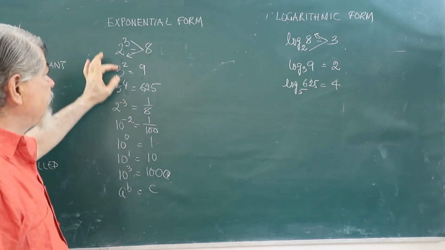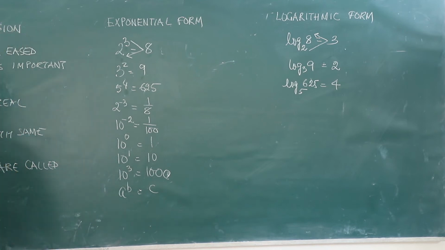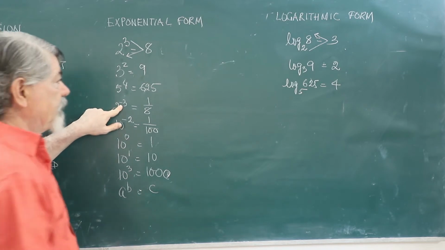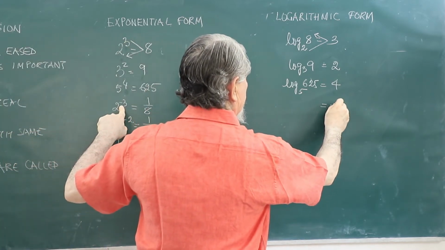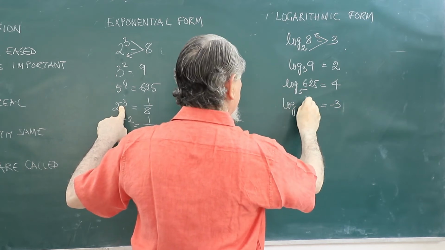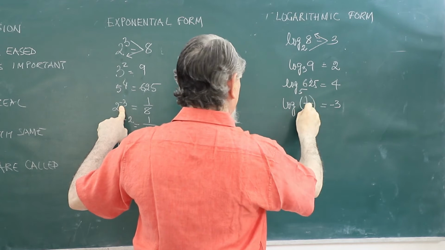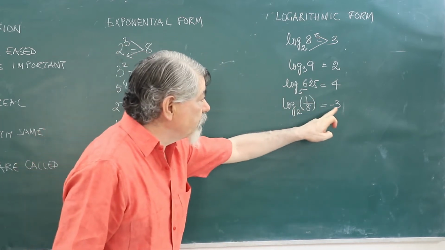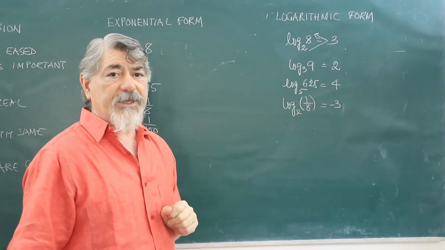So minus 3, as I said, exponent is logarithm. This is very important. If you remember this, you will not make a mistake. Minus 3 is the logarithm of that number which you have obtained, that is 1 upon 8, and to what base? 2. If you raise 2 to the power minus 3, you will get 1 upon 8.